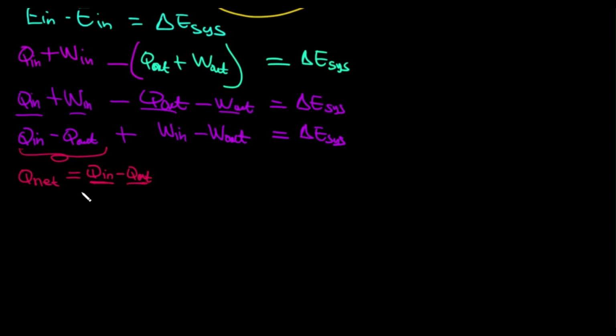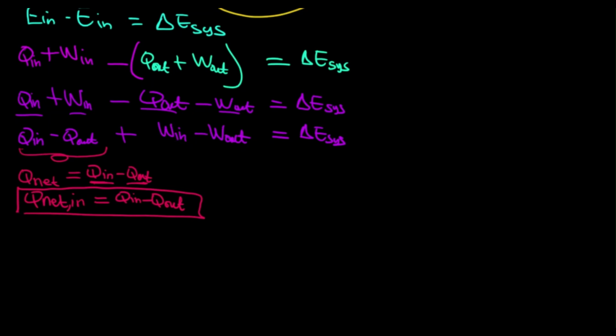So this is actually Q net in. It results in more heat being supplied to the system because heat being supplied is greater than heat leaving the system. So this is Q net in, which is equal to Q in minus Q out. Cool. So we are supplying heat to the system.